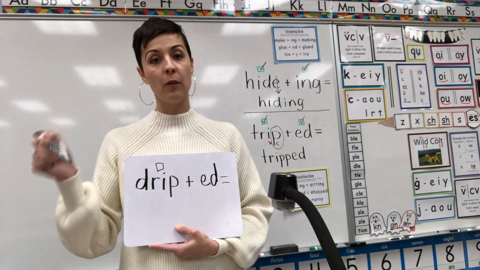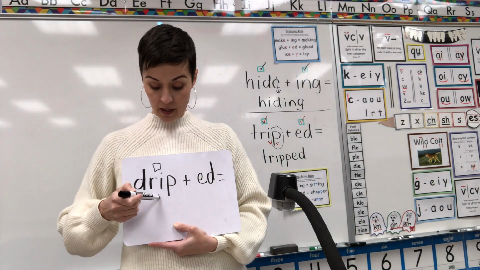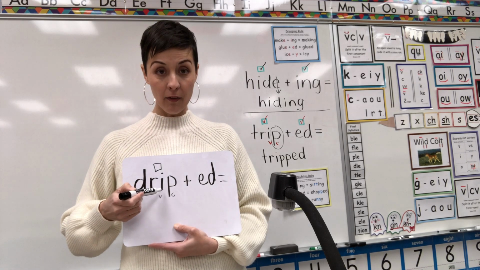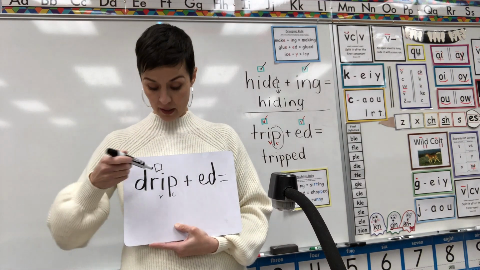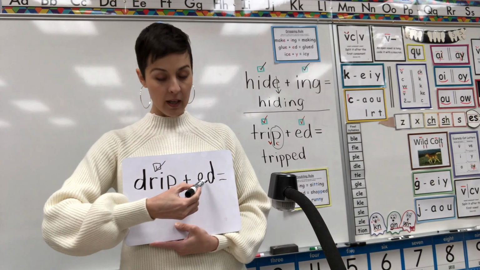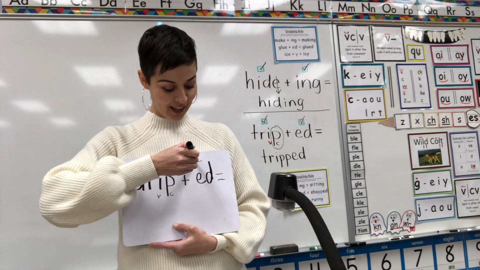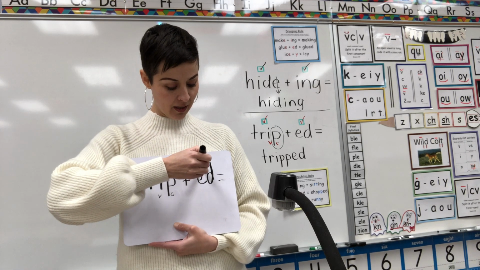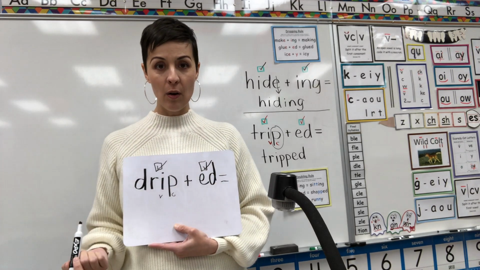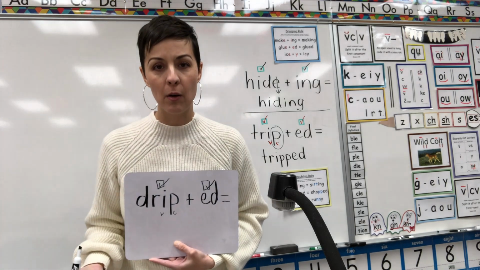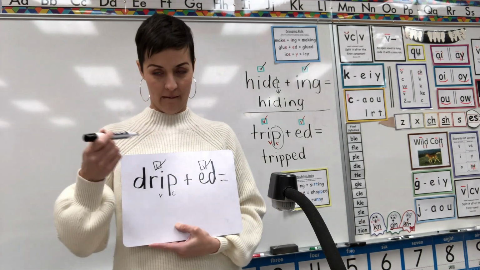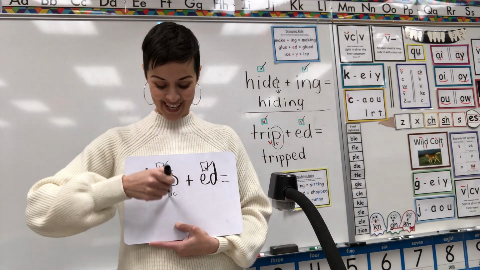Nope, so now we're checking for the doubling rule. Does it end in a vowel consonant? Is I a vowel, P a consonant? Yes, give it a check. Is ed a vowel suffix? Yes, give it a check. And now we're going to circle if you know which letter we're going to double. Did you get it? Letter P, good.